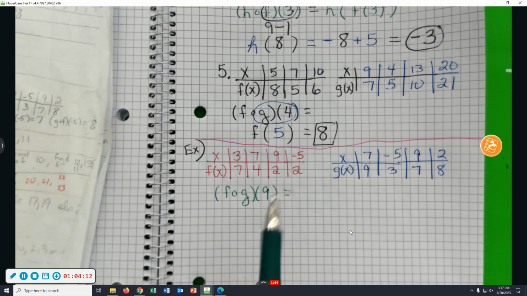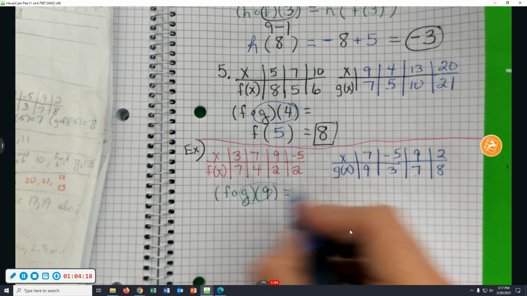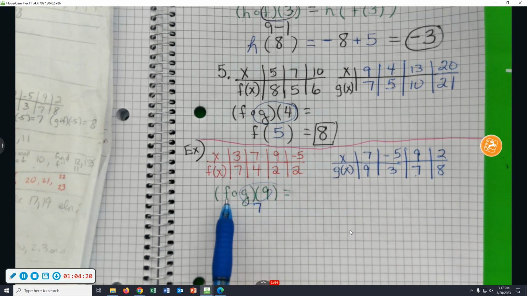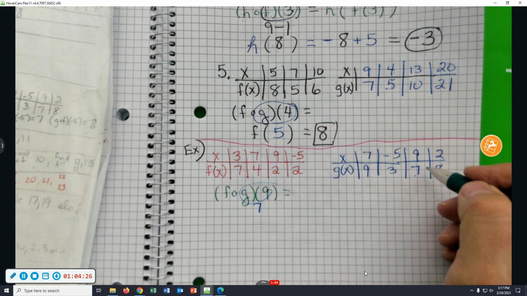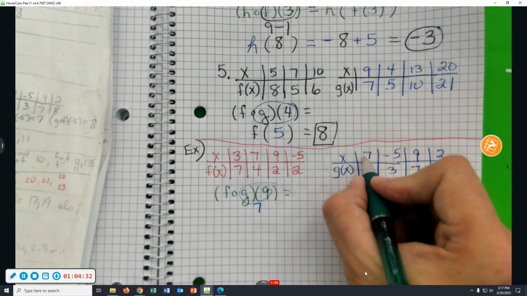The G table. G of 9 is 7. Let me make this first one a negative 7.